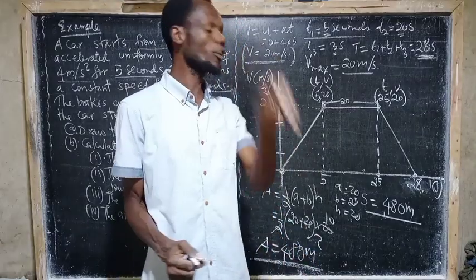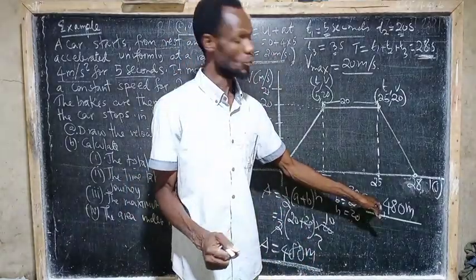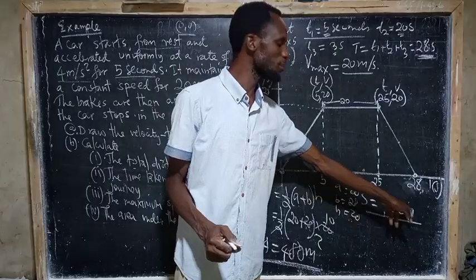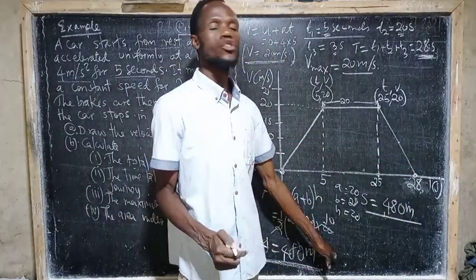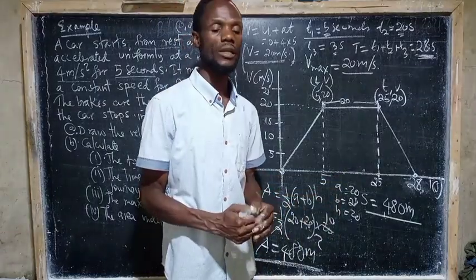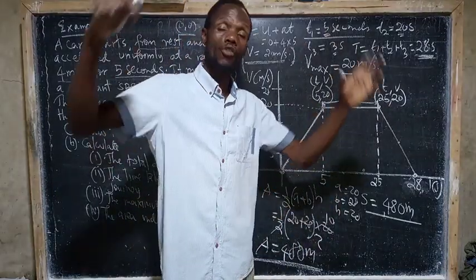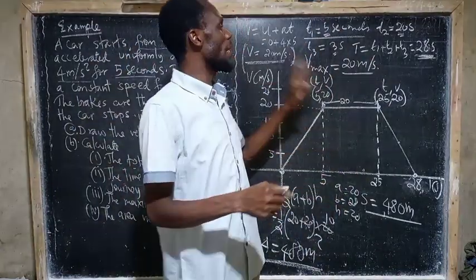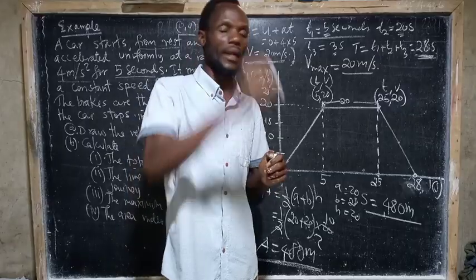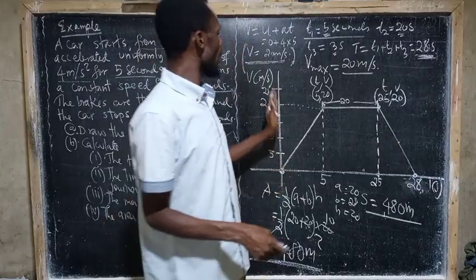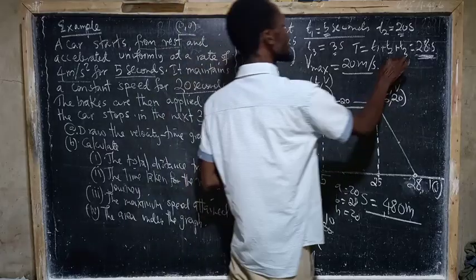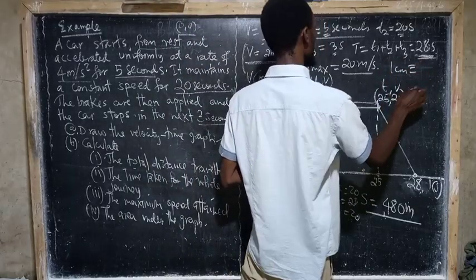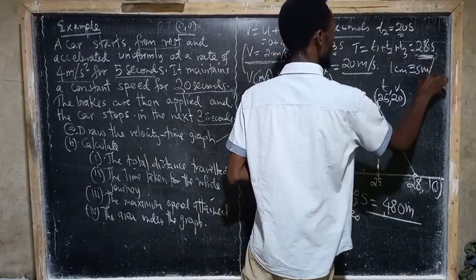To differentiate between distance and area, distance is written with meter only, and area is written with meter squared. So this is how we can calculate, we can draw, and we can plot. But remember, a scale should be written. For example, the vertical scale is the velocity, where 1 centimeter represents 5 meters per second.